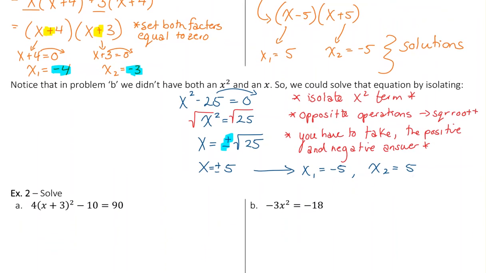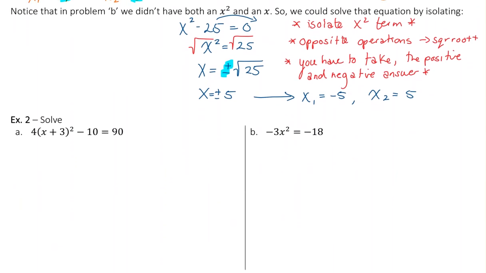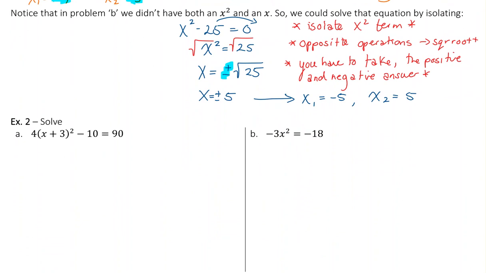Okay, let's try a couple other examples here. I have two before you get going on some of your assigned work for the week. So here in example 2a, we have parts that kind of look like vertex form. So what we want to do here is, first thing is bring everything to one side.